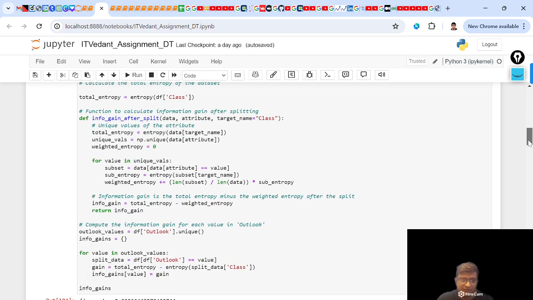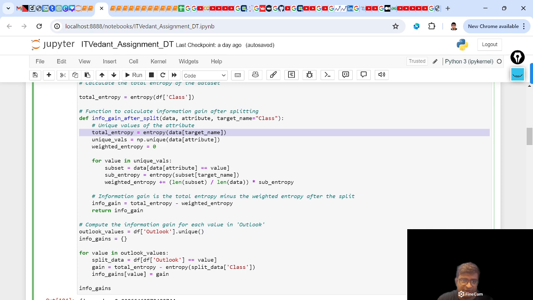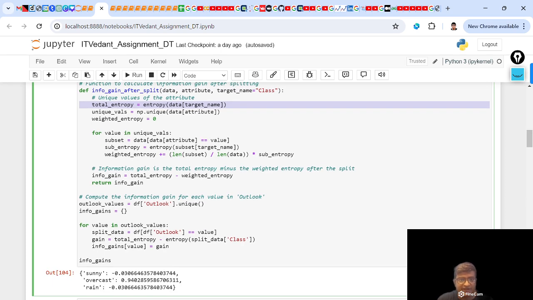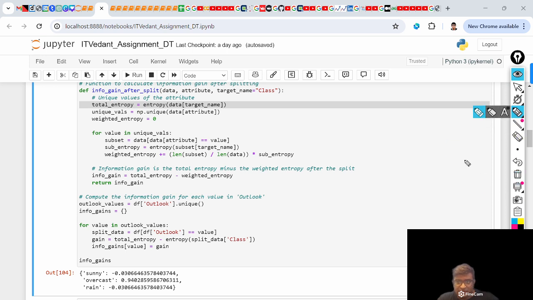Using this formula, I have created a function where I'm calculating the total entropy. Then, as I said, we need to do a one hot encoding, so for each of these elements which are treated as a column, I want to find out the weighted entropy.